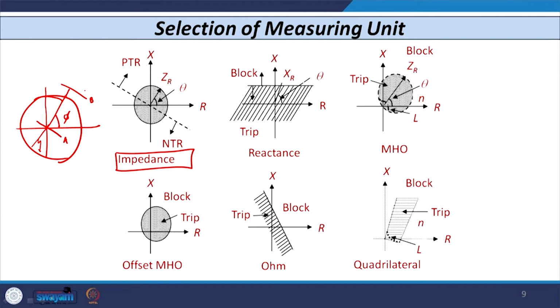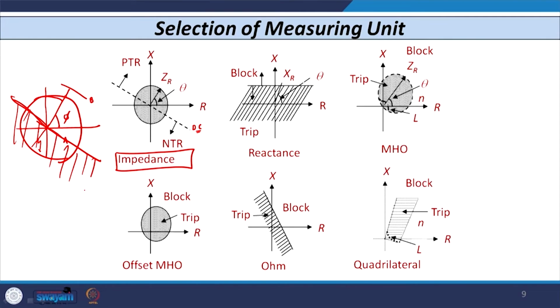So, to avoid maloperation of the impedance relay on reverse faults, normally in the actual field we use a directional unit. This is nothing but the directional characteristic. So, we have a directional characteristic like this. Now the relay is not going to operate on this side of the region.